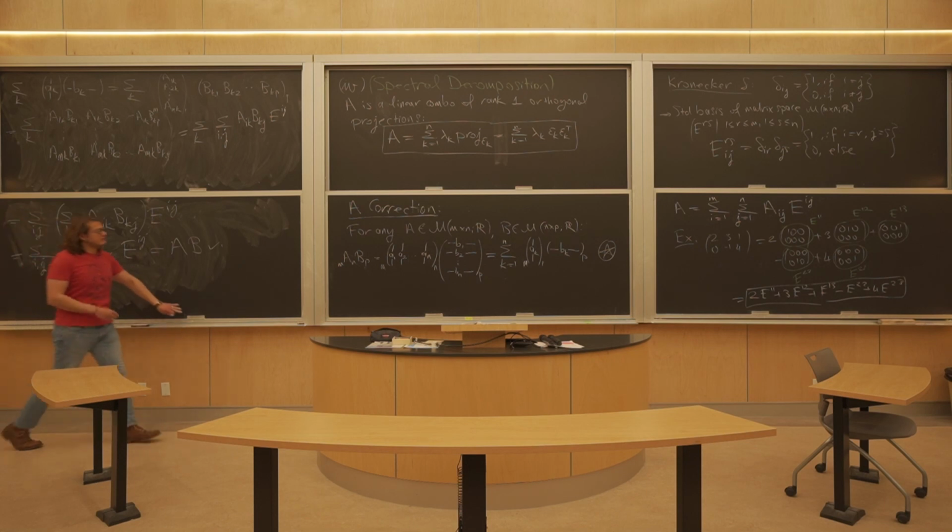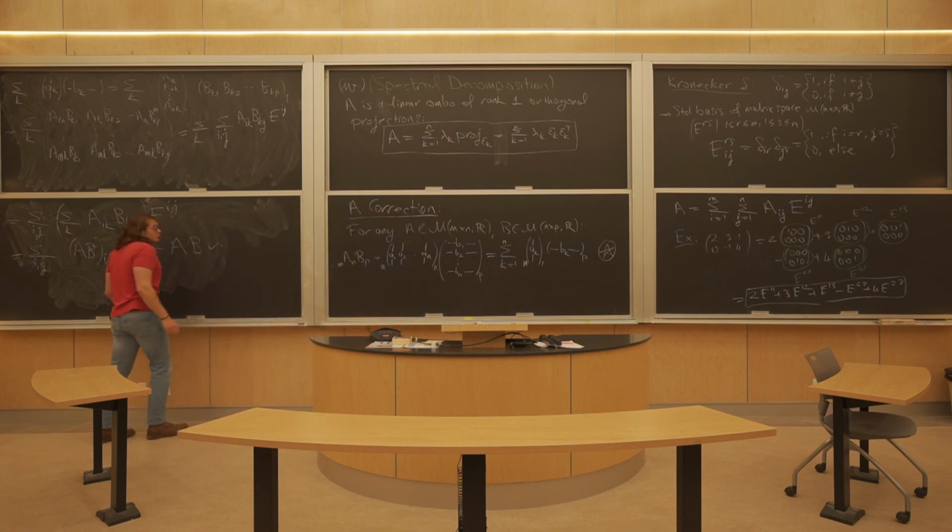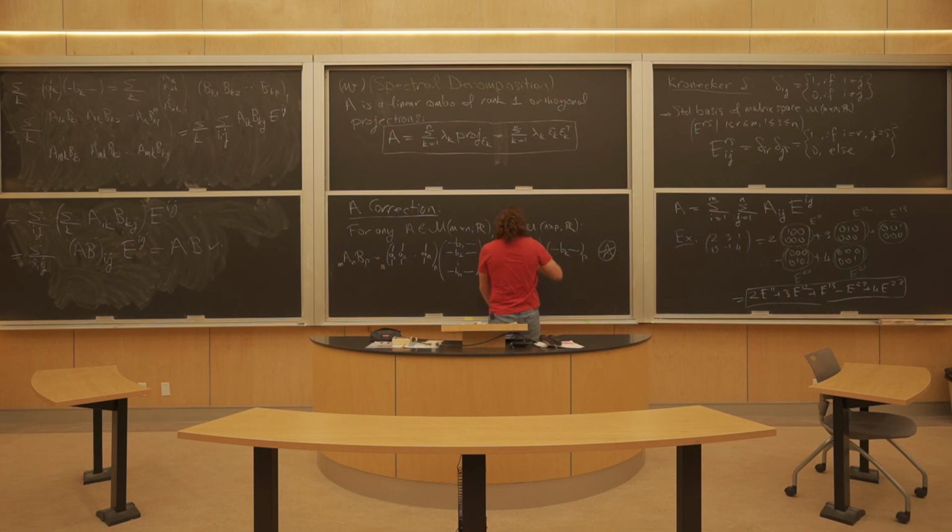So this verifies that this formula holds. And what I'm saying is that if you apply the same thing over here, you get from the QDQ transpose formula this factorization. Let's do that super fast as well.